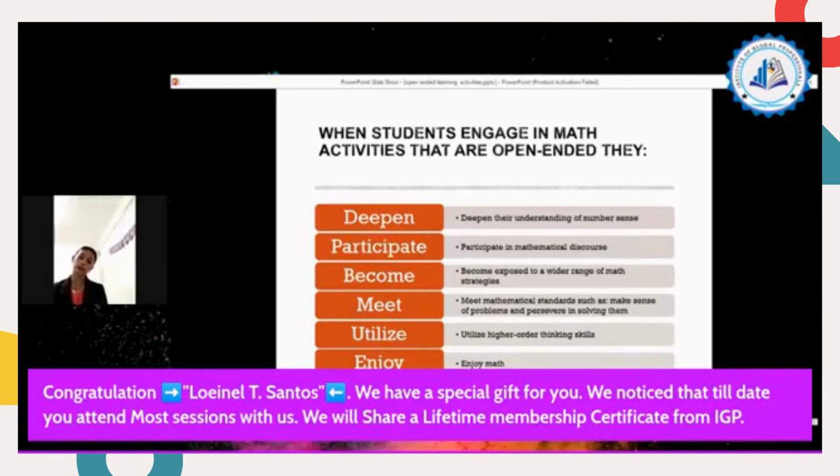Okay. Aside from deepening their understanding, students will participate in mathematical discourse, meaning in a problem solving setting. And in a problem solving setting, when a teacher asks some problems, they are not limited to one answer.